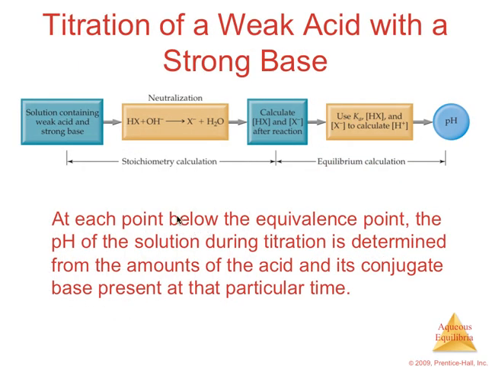Okay, so when you're actually doing the titration calculations, remember to do the stoichiometric calculations first, meaning do the neutralization, and determine what is in the solution. If you have excess strong acid or strong base, the pH is going to be due to that strong acid or strong base in excess.